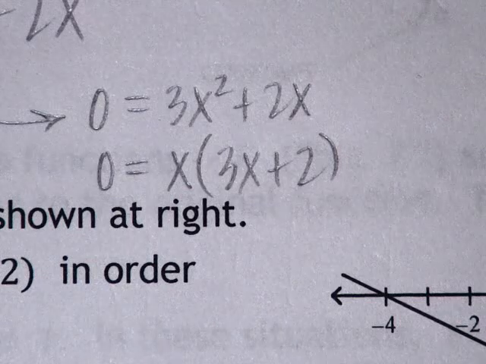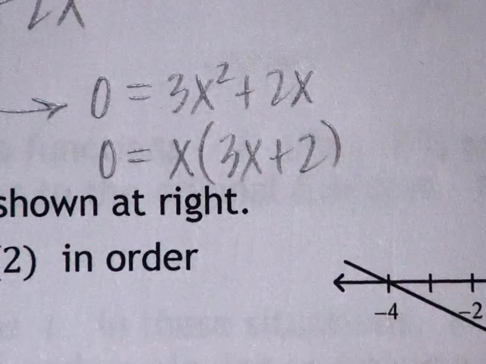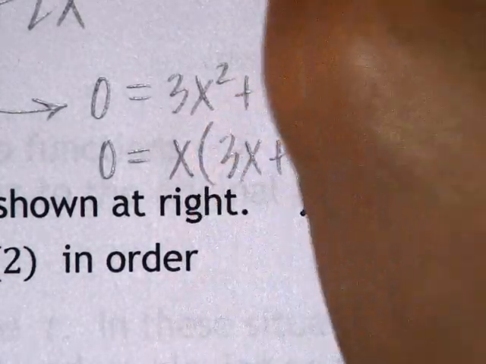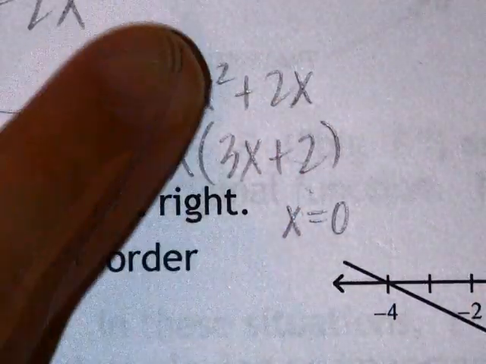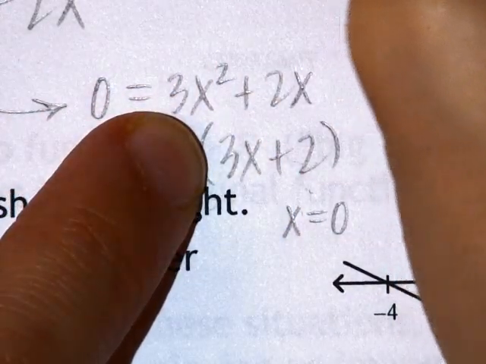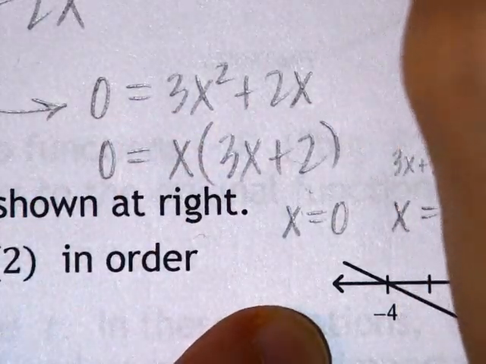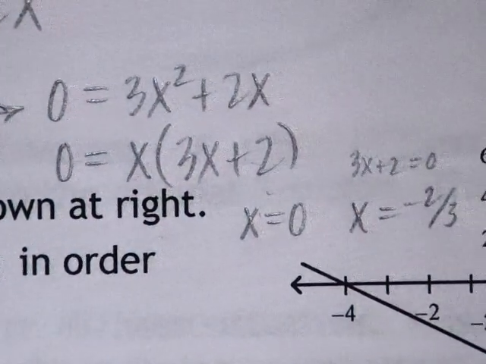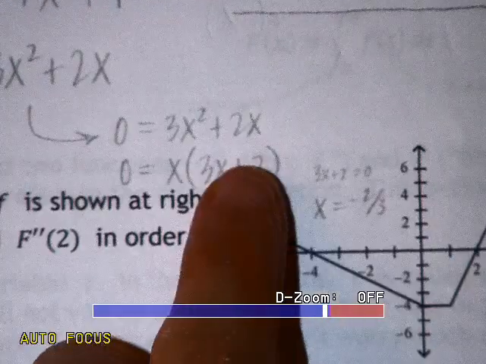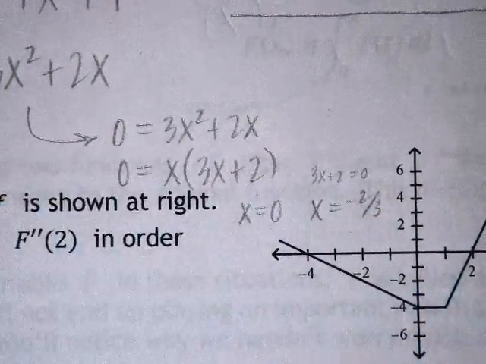And then it seems we can solve each of those factors individually. If I solve the first factor, I'll get x equals 0. And if I solve the second factor, 3x plus 2 equals 0, I'll get x equals negative 2/3. So it seems that on my line chart, I'm going to have two zeros, 0 and negative 2/3.